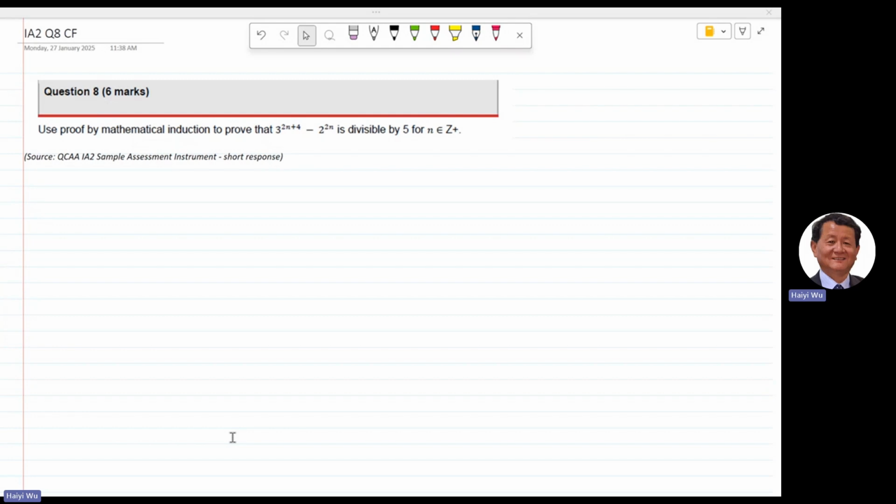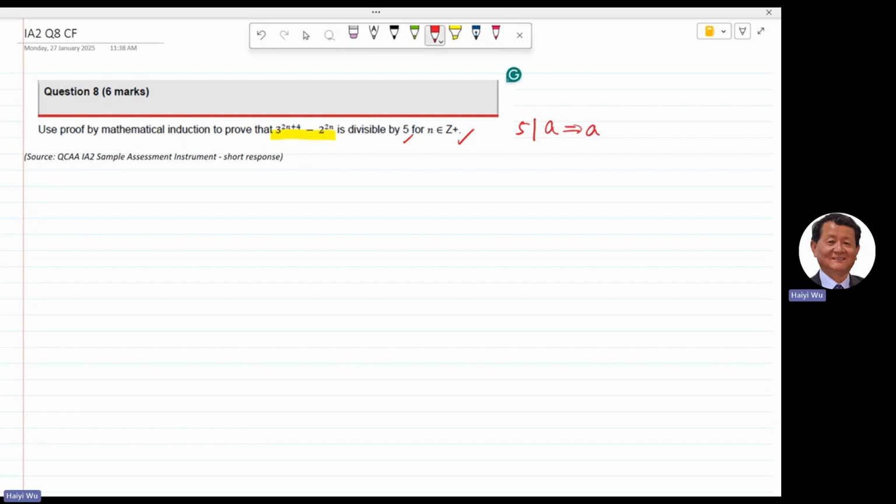All right, today we're going to use mathematical induction to prove that this expression, where n is a positive integer, is divisible by 5. So we know that if a number is divisible by 5, for example x, we might solve for a.